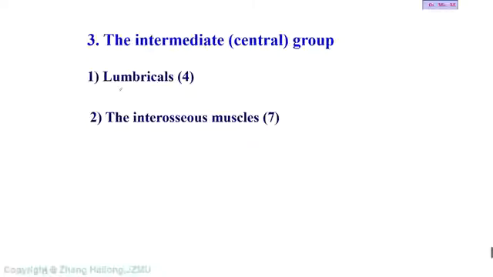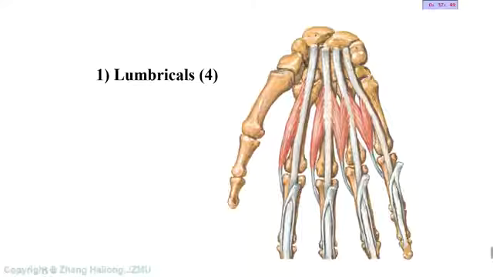There are 4 lumbricals and 7 interosseous muscles. First, the 4 lumbricals. And this one, lumbricals. 1, 2, 3, 4. This muscle can make the joint between your metacarpal and the phalanges, the metacarpophalangeal joints, flexion.